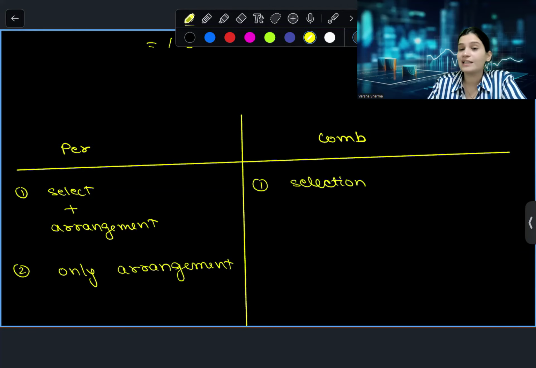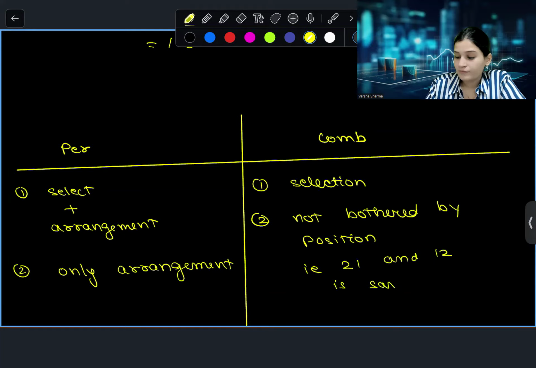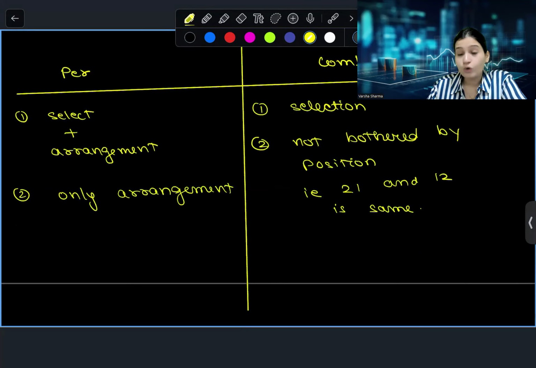I'm not bothered with the arrangement or position. That is, 2, 1 and 1, 2 is the same. But if position matters, like in the case of a number, 21 is a different number, 12 is a different number, I'll use permutation. So when you are only selecting, use combination. When you're doing both, use permutation. When you're only doing arrangement, you can use permutation or directly use factorial.